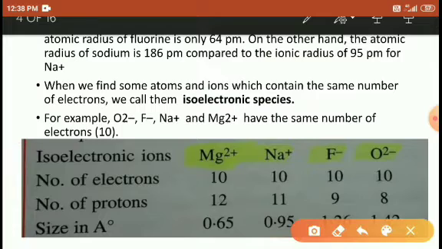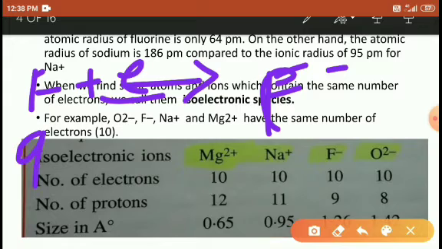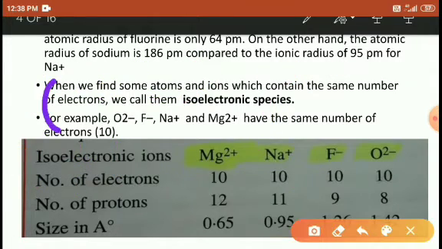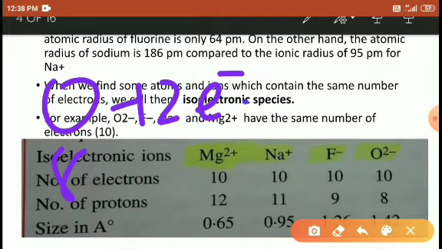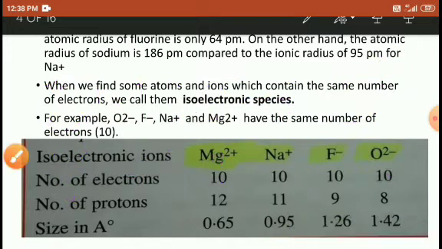Right, students? To the fluorine atom we add 1 electron, so it turns into a fluoride ion. Atomic number 9, adding 1 electron, it becomes 10. And oxygen, atomic number 8, to which we add 2 electrons, turns into the oxide ion. Adding 2 electrons, it turns into 10.